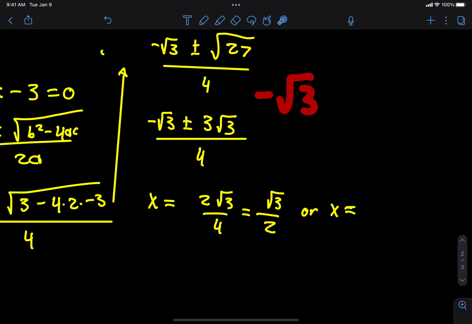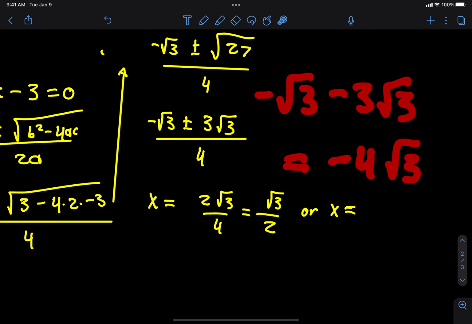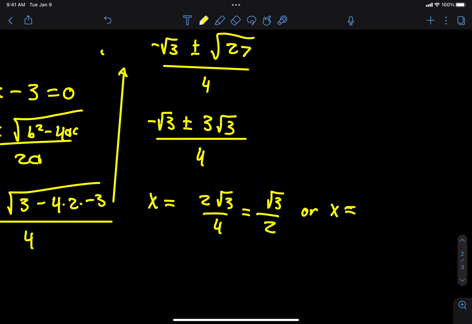Negative square root 3 minus 3 square root 3. What does that get me? Negative 4 square root 3, right? So I get negative 4 square root 3 over 4, which is negative square root of 3. Okay?